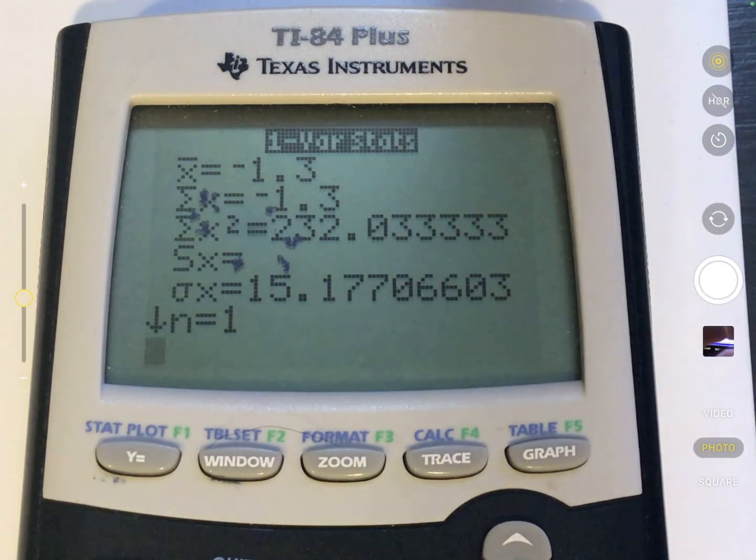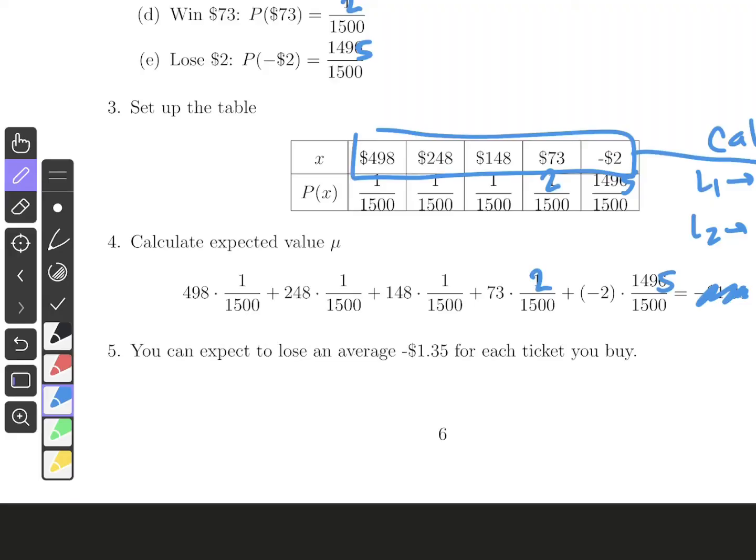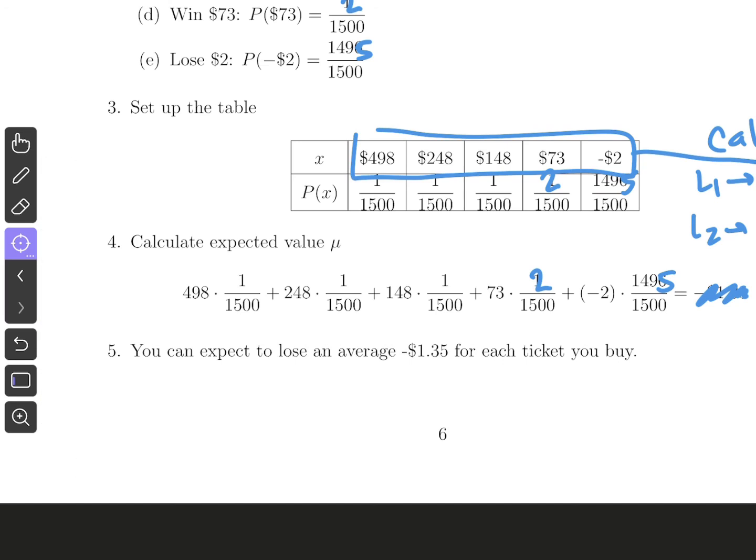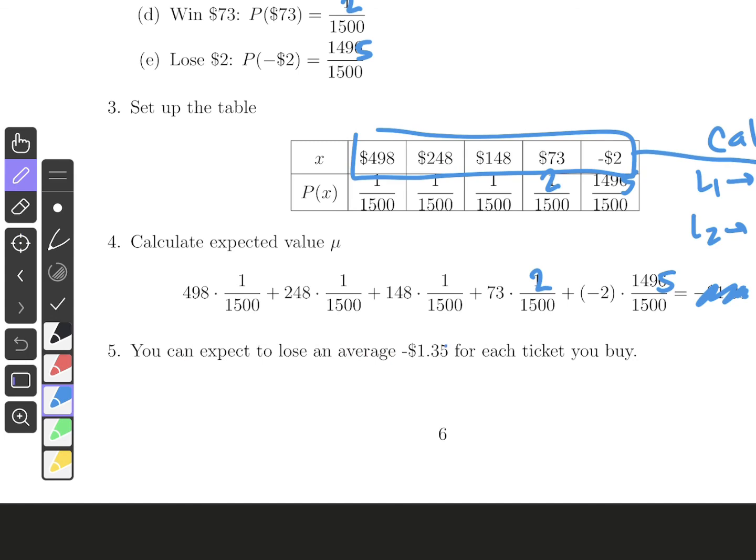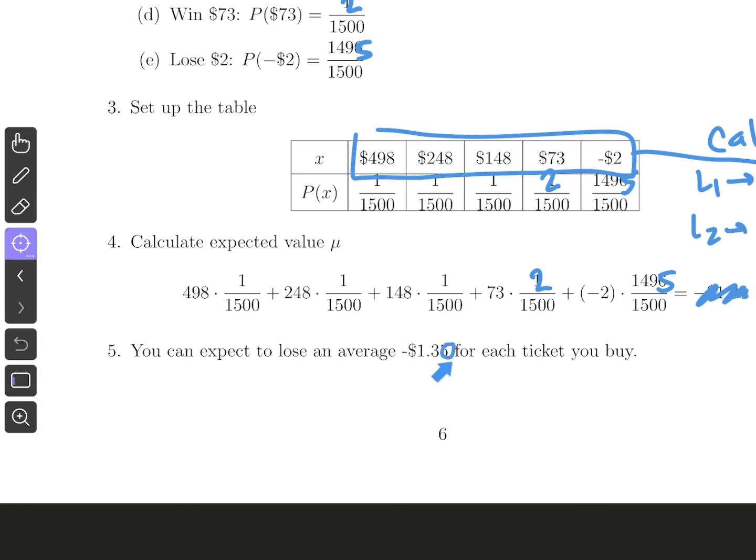Okay, so let's head back to the notes. All right, so what does this all mean? Well, the mean: you can expect to lose on average. Again, the numbers changed. You can expect to lose $1.30. So being that the expected value is negative, it would be statistically unwise to play the game, because on average you're going to lose.